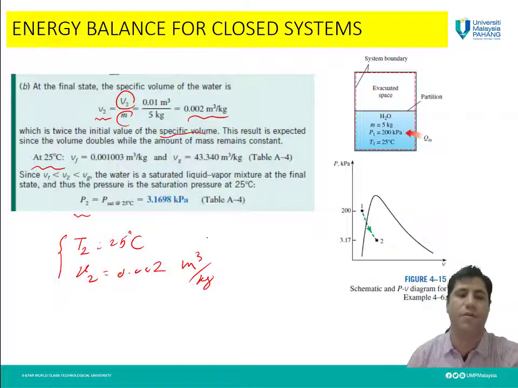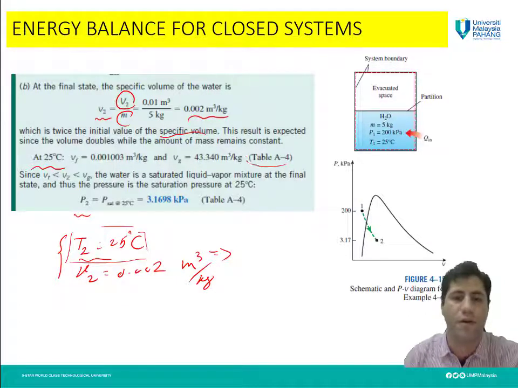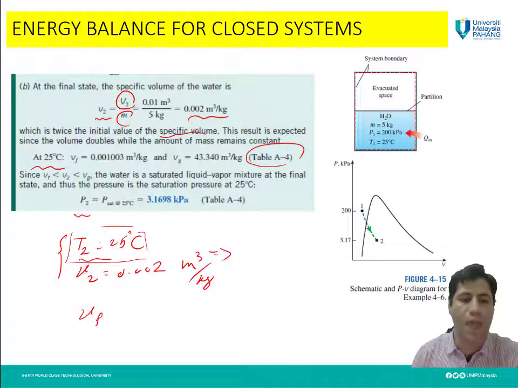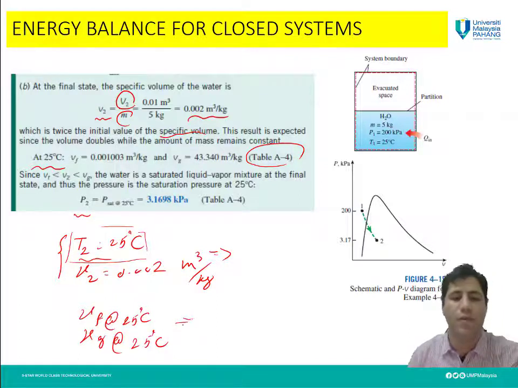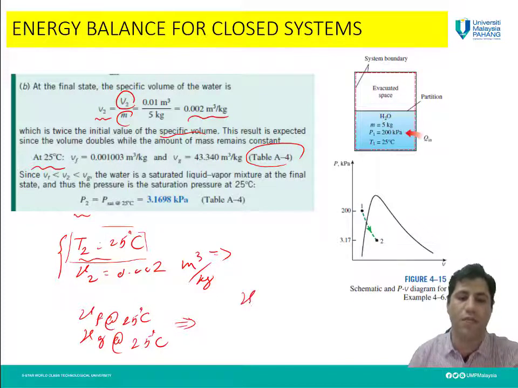So we have seen different examples like this. We need to understand what the phase of water is with these characteristics. How can we find that? We have the temperature of the water, so we go to table A4 and find vf and vg for this temperature. Then we compare v2 with vf and vg.